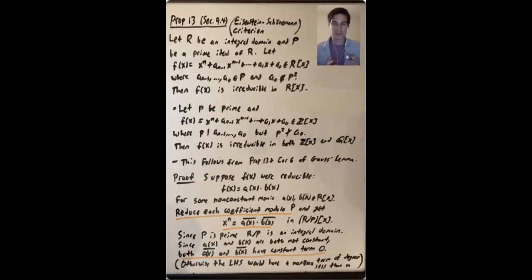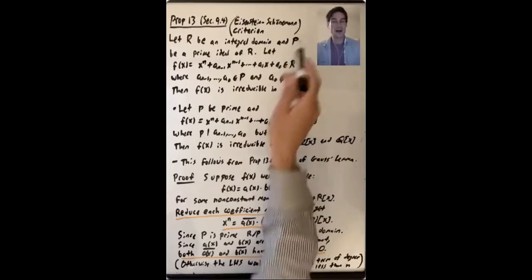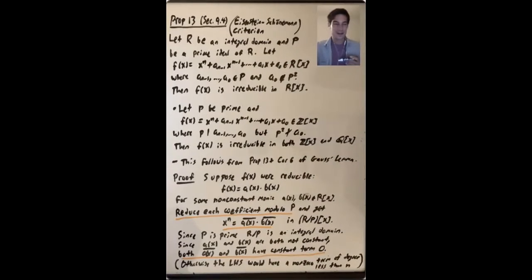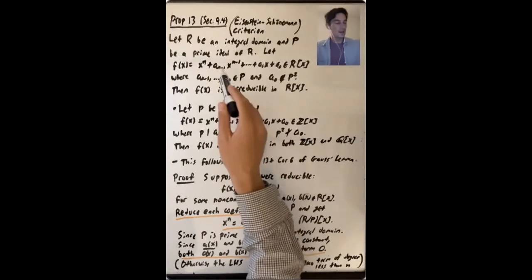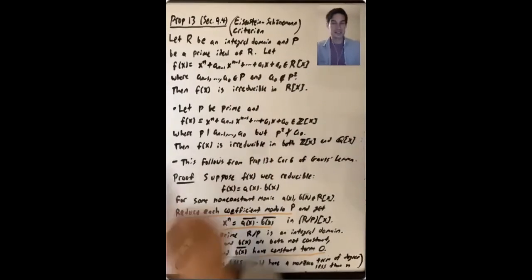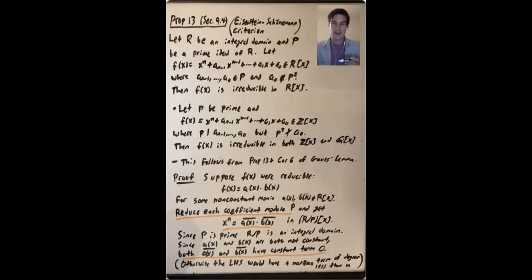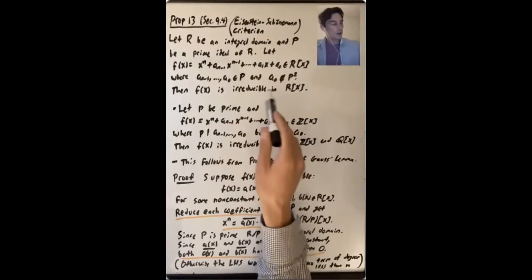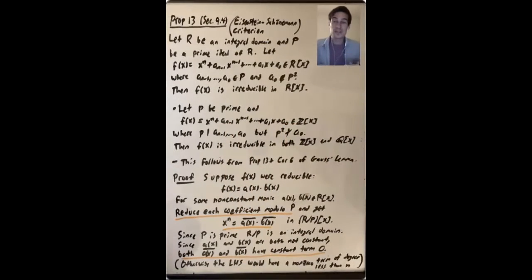So before getting into the proof or anything, I just want to suggest that there's really only one way that this could go. You're working with some prime ideal P. If this polynomial were reducible in R bracket x, you could use that factorization to get something about what happens when you look at the image of both sides of that equation in R mod P bracket x.